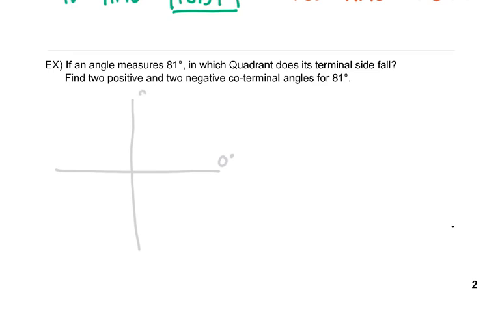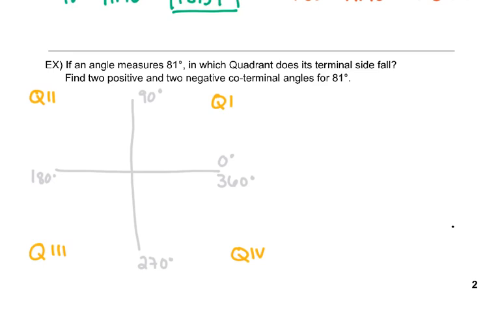Rotating around, we have 90 degrees, 180 degrees, 270 degrees, all the way back to 360 degrees. So we'll note we have quadrant 1, quadrant 2, quadrant 3, and quadrant 4 here.